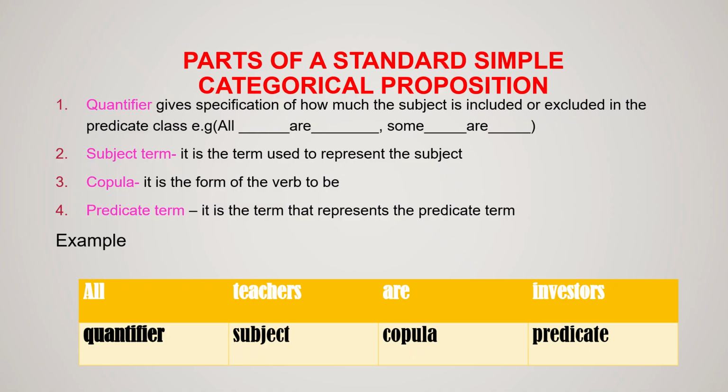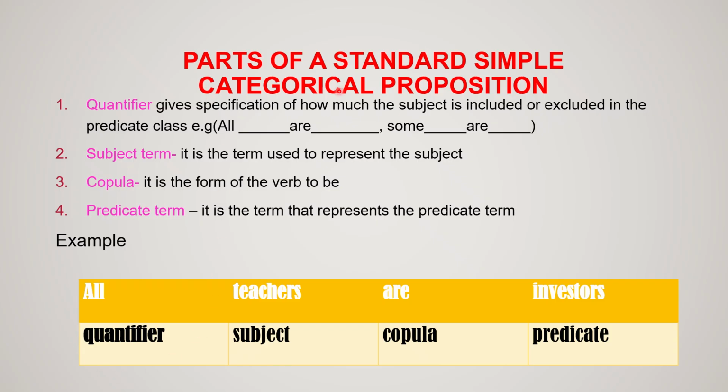Next, let us look at the parts of a standard simple categorical proposition. It contains the following parts: number one is a quantifier, then a subject term, a copula, and a predicate term. For example, when we say all teachers are investors, all here is the quantifier.